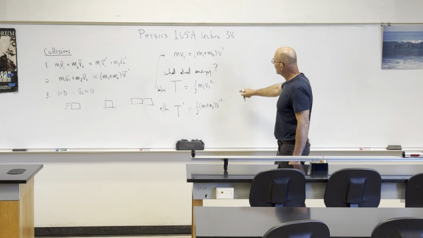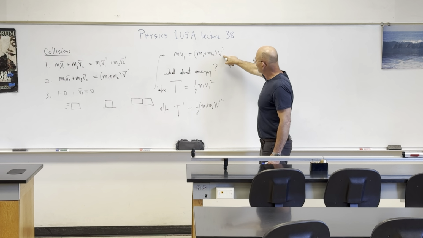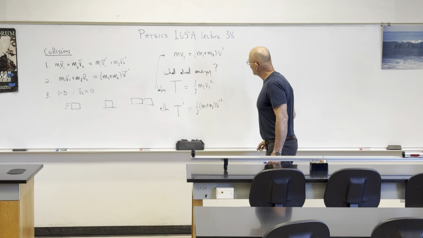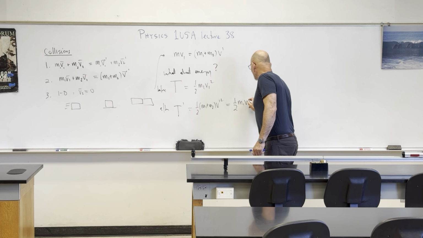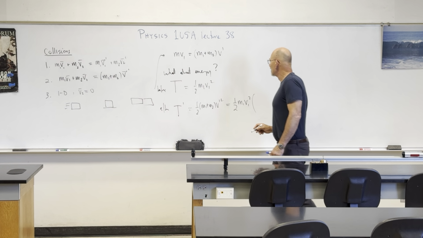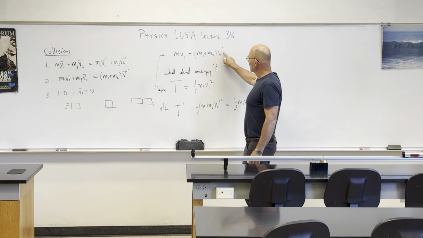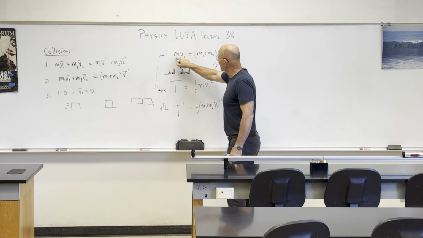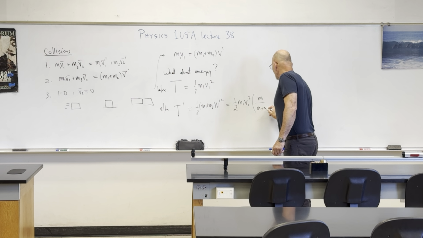And this is where it gets interesting, because we have the V prime right up there. So we solve for V prime, square it, and when you do a little bit of arithmetic, we're going to end up with an extra M1 up here, and an M1 plus M2 in the denominator.